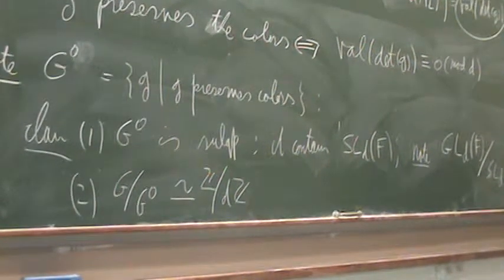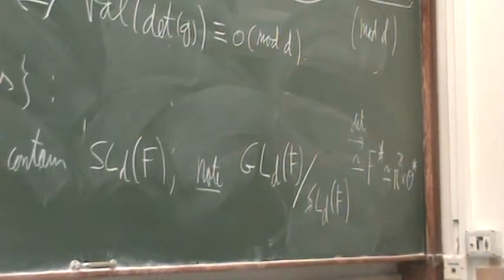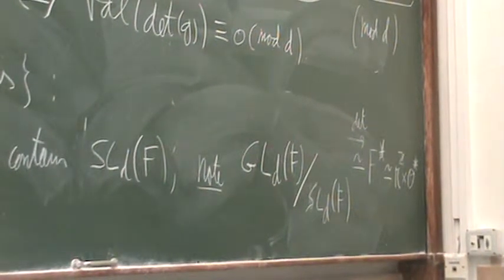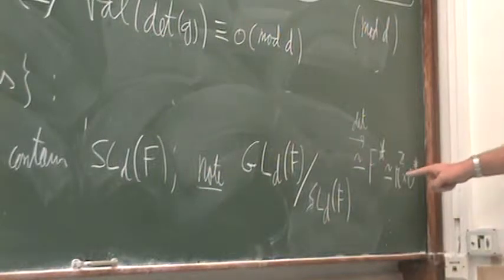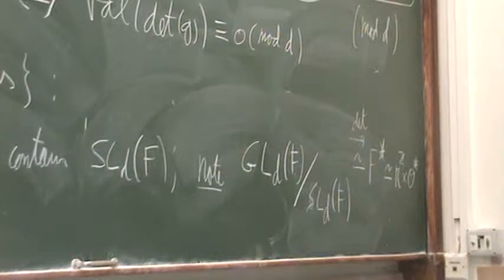You really can see exactly what happens here. You look at the determinant, and you look at the valuation of the determinant, and if it's 0, then you preserve. If it's not 0, you don't preserve. It gets values between 0 and D minus 1, and it works like a cyclic group. Maybe I didn't write it in the most precise way, but I want to say that the element G, and that's important to remember, pushes the colors in a cyclic way.